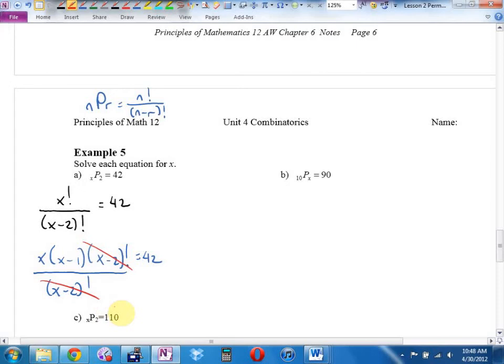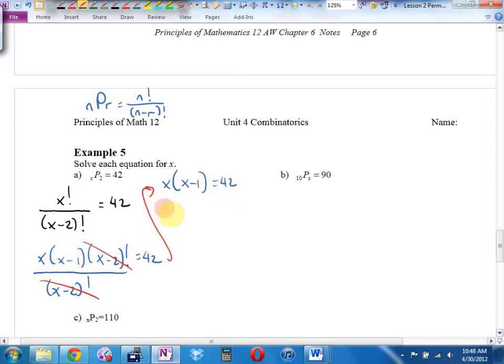In fact, now the equation that I have is this. What kind of an equation is this? It's quadratic. How do I know? Because when I get rid of brackets, what will I have? Let's do that.